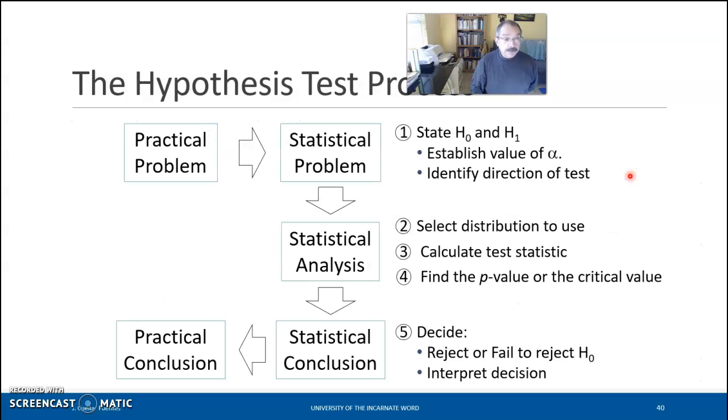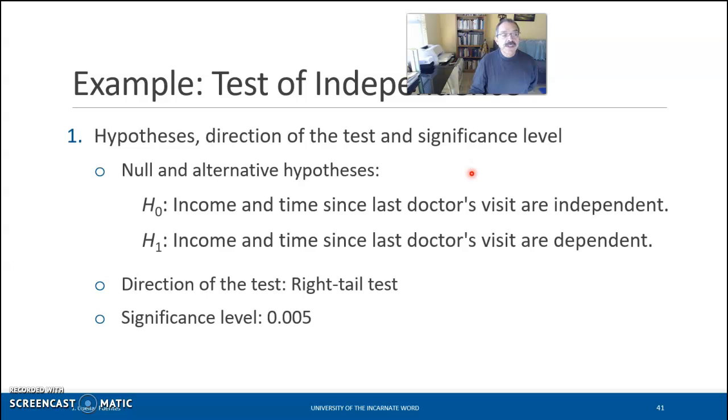All right. Again, we're going to follow the 5-step process to test a hypothesis. And so let's follow these 5 steps. The first step is we need to establish the hypothesis, indicate the direction of the test, and specify the significance level.